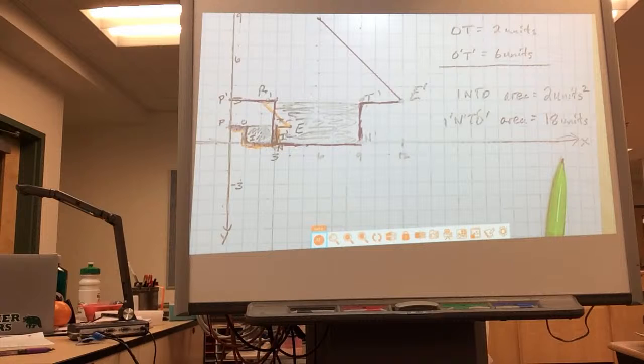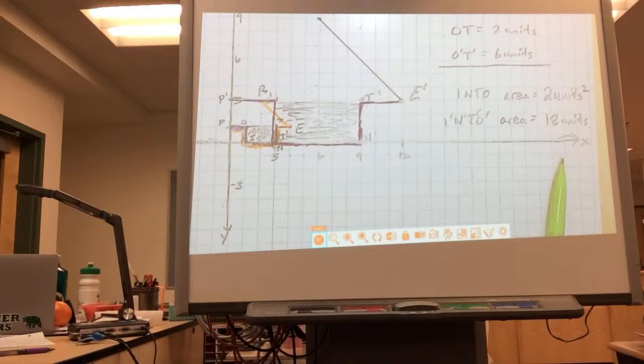So 1 square foot is how many square inches? 12. Oh, it's not 12, there's 12 right there. 144. Yeah.